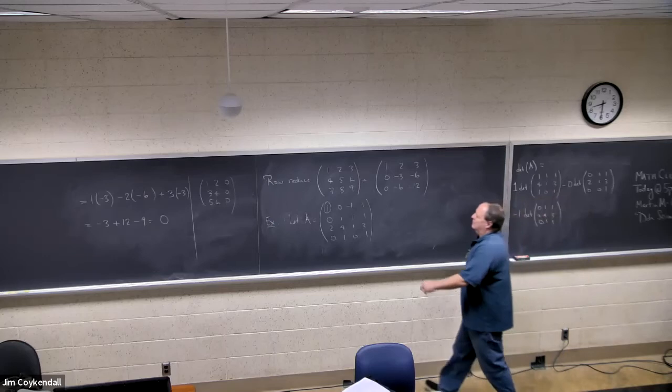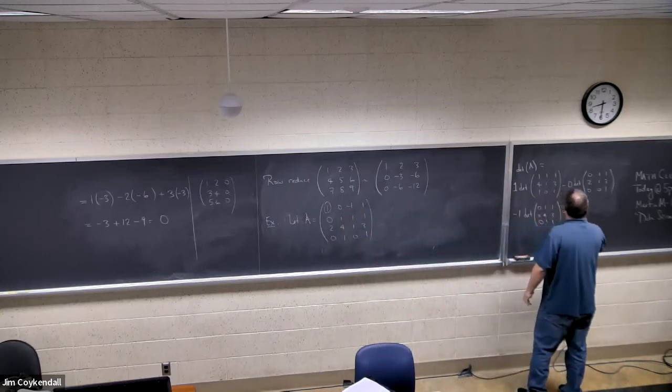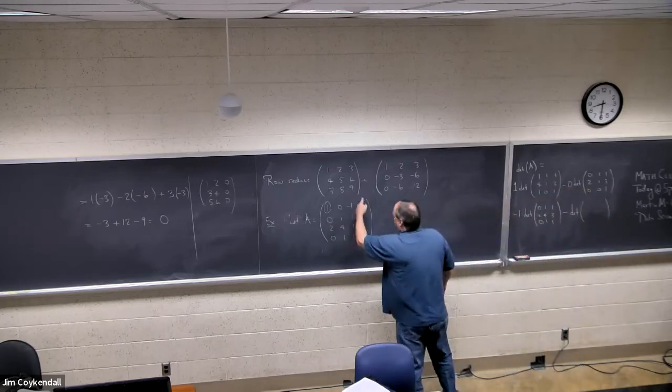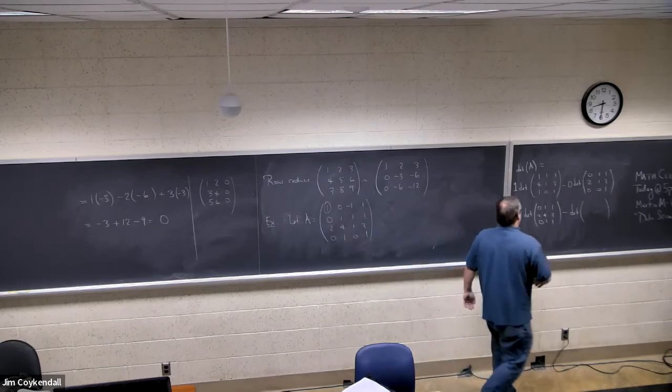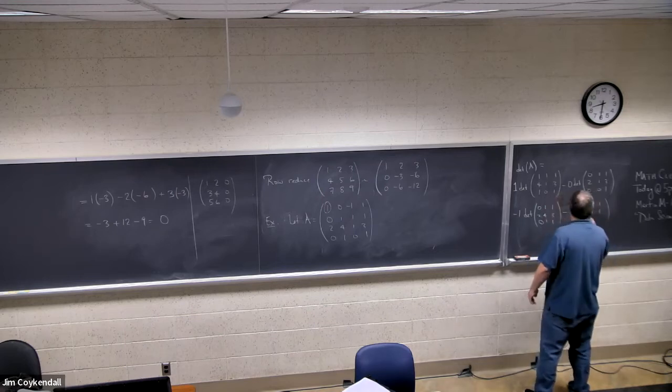And finally, plus, minus, it's going to be minus 1. Now in the first row and third column, I get 0, 1, 1, 2, 4, 1, and 0, 1, 0.